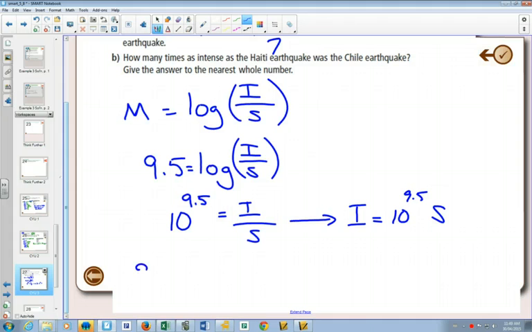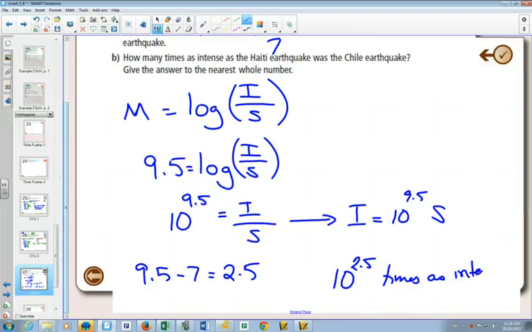Just taking 9.5 and subtracting 7 gives us 2.5. Every time we go up by 1, it's 10 times bigger. So if we go up by 2.5, it will be 10 to the 2.5 times as intense. And that's really straightforward and really simple.